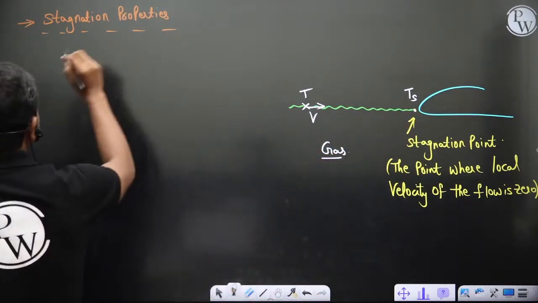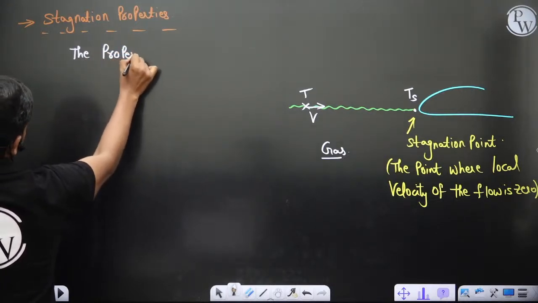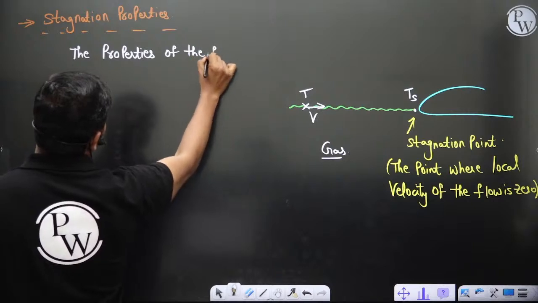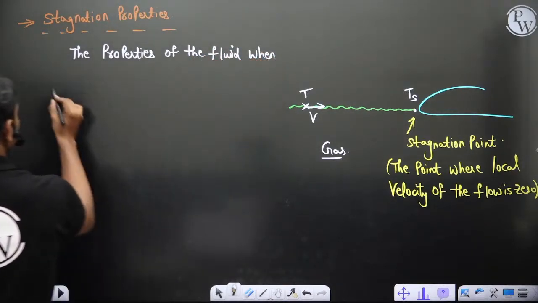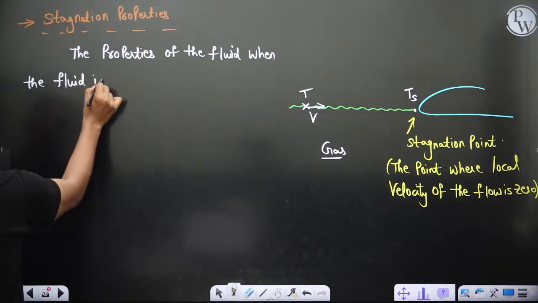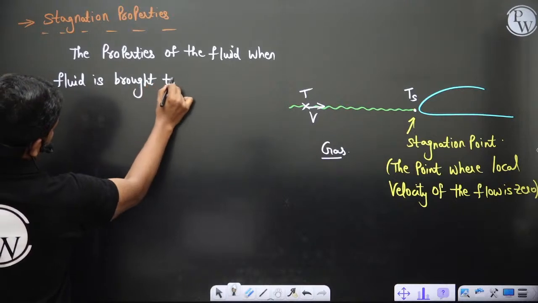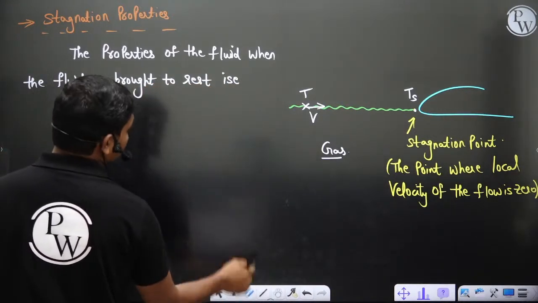Okay, so stagnation properties are the properties of the fluid when the fluid is brought to rest isentropically or adiabatically, you can say.